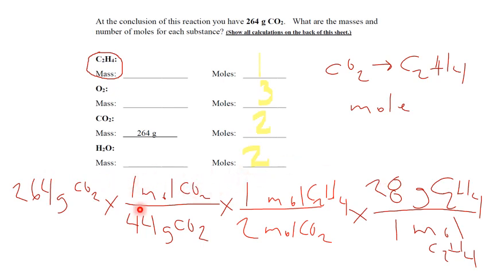I'm going to multiply it by 28, and I'm going to hit enter. That gives me 7,392, which is fantastic. Now I'm going to divide by all of my denominators, right? So I divide by 44 first, and then I hit enter. And then I divide by 2, and I hit enter.